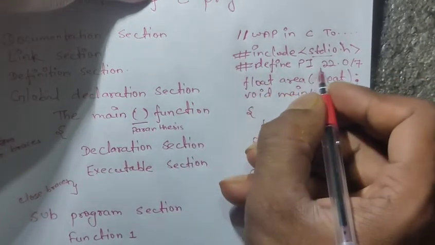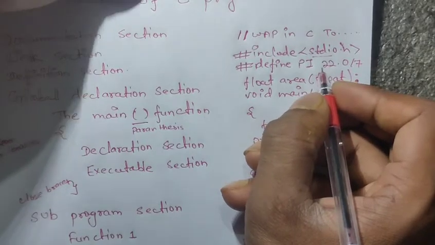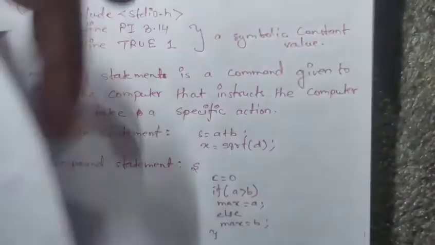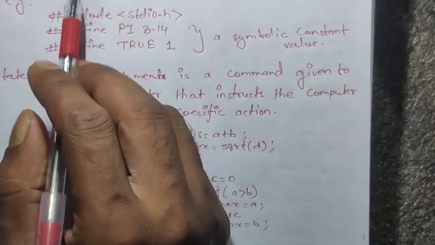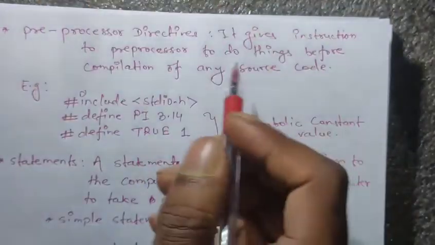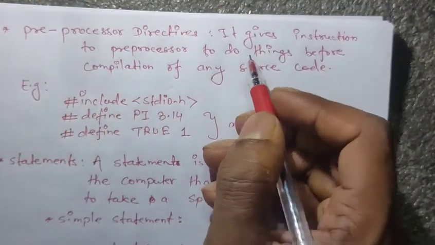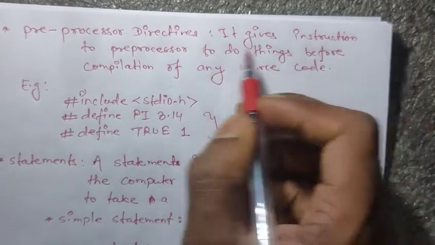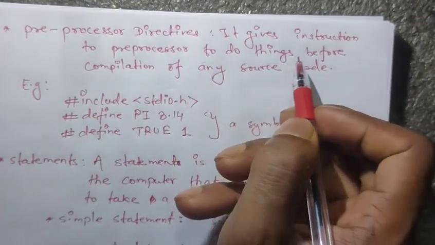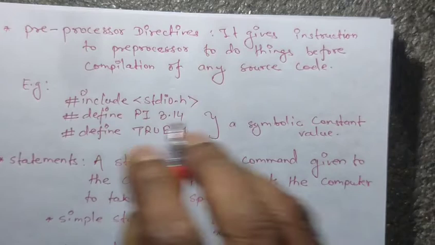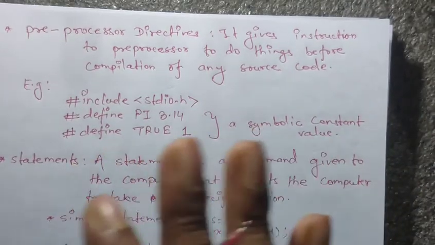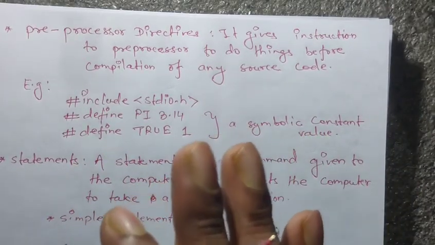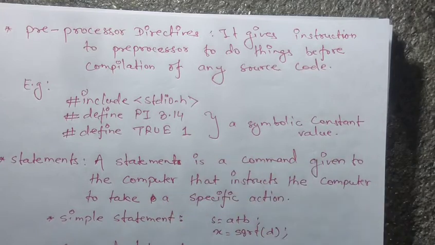This is also known as a preprocessor directive. So let's see what a preprocessor directive is. It gives instructions to the preprocessor to do things before compilation of any source code. Before any source code compilation, preprocessor directives give instructions to the preprocessor to do this and that.